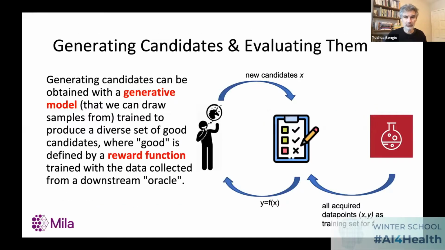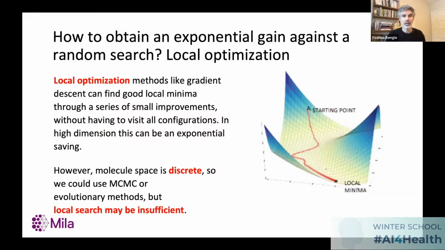Now let's go back to the question of how we could go from a linear speed up to an exponential speed up. Well, there's a very simple idea from computing and mathematics, and that is optimization.